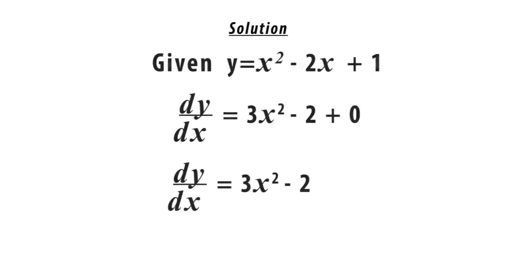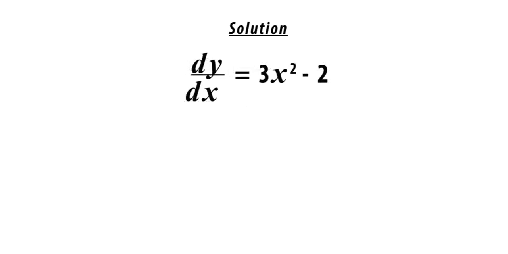We have been given y is equal to x cubed minus 2x plus 1. dy dx will give us 3x squared minus 2 plus 0. That is when we differentiate using the power rule, term by term. When we simplify this, we will have dy dx is equal to 3x squared minus 2.